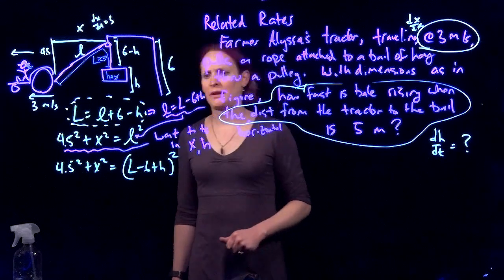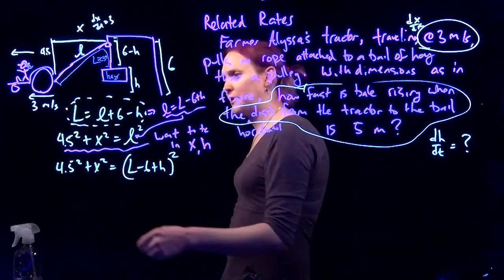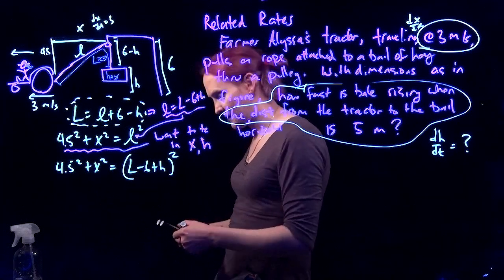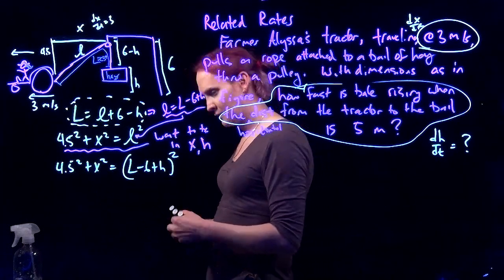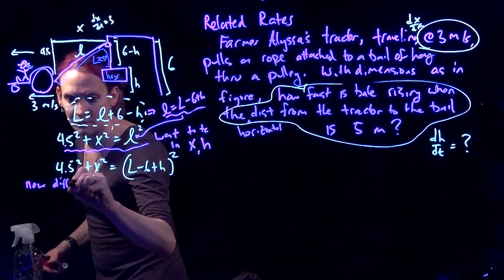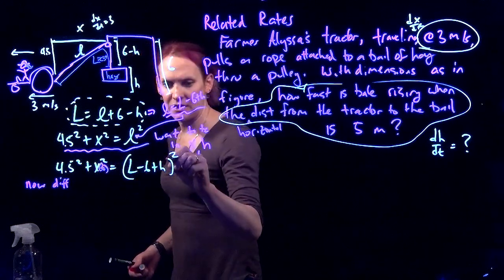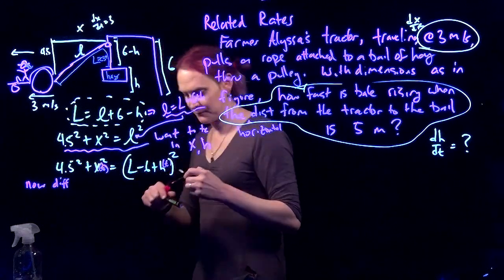So I've got something that relates my two state variables. Let's then differentiate with respect to time, because x is a function of time and h is a function of time.